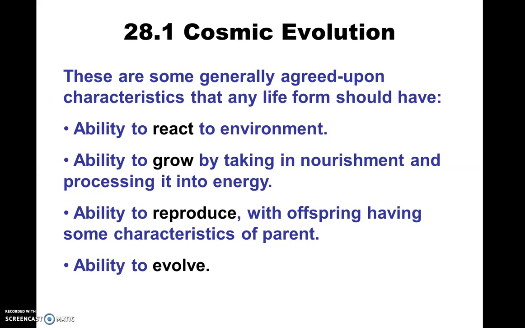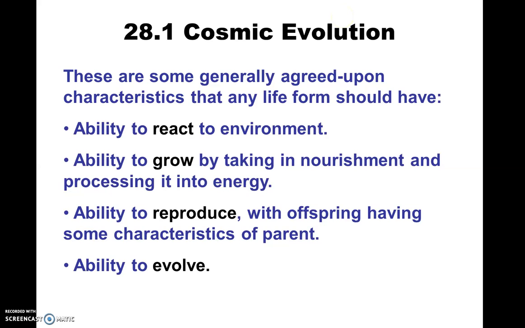Living things also need the ability to grow. That is, they take in nourishment, and somehow they have to be able to process energy. Of course, different life forms do that in different ways. Plants do it completely differently than animals. But again, this is not a lesson in biology.